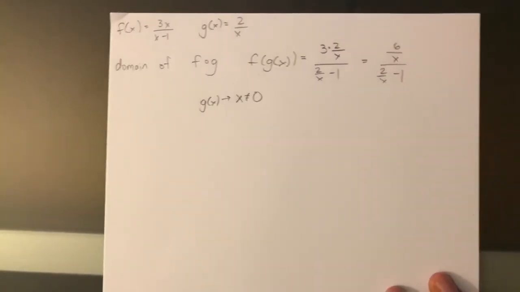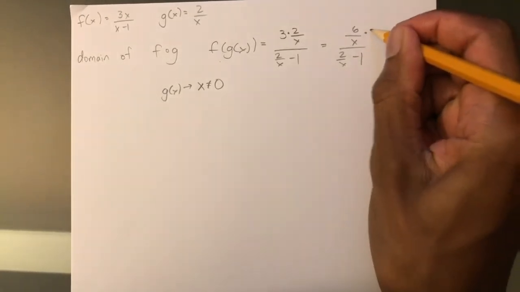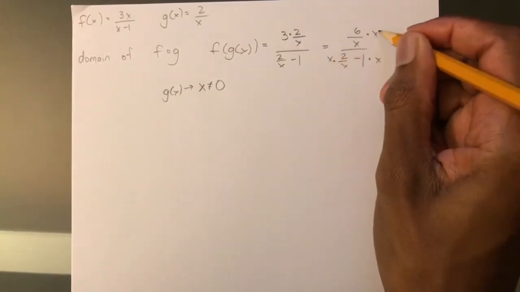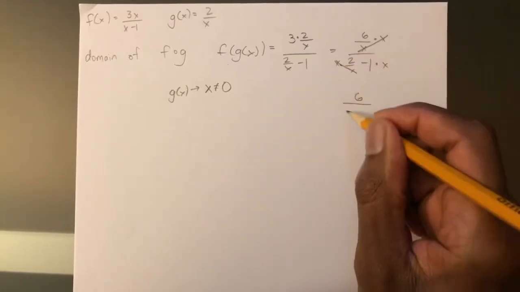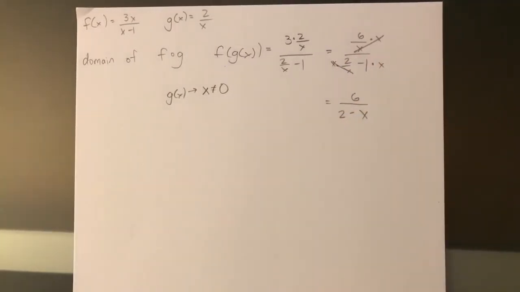And check it out, you got yourself a complex fraction. We've already seen a lot of these this year. Let's simplify this. I'm going to multiply everything by an x, the least common denominator. So all I'm left with is 6 over 2 minus x. So there's your composition. There's your new function.